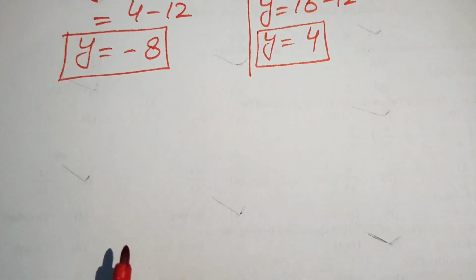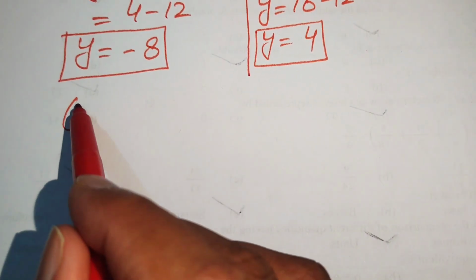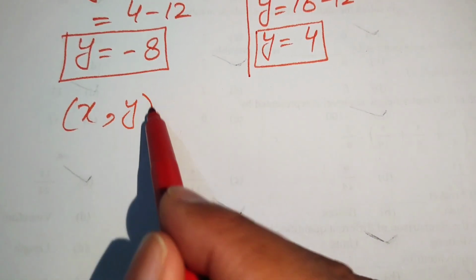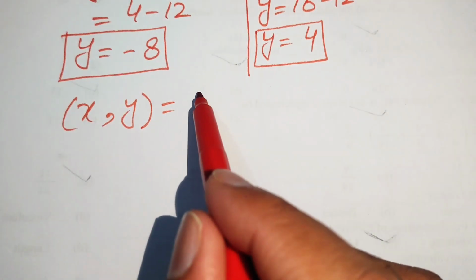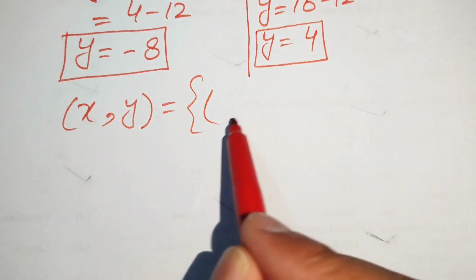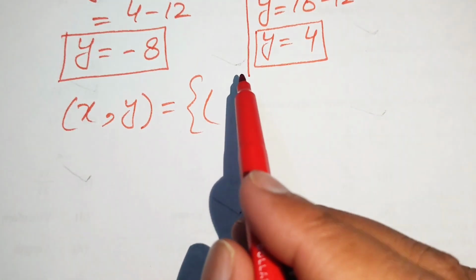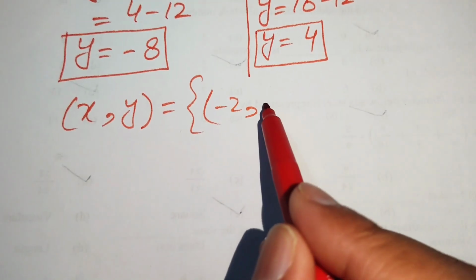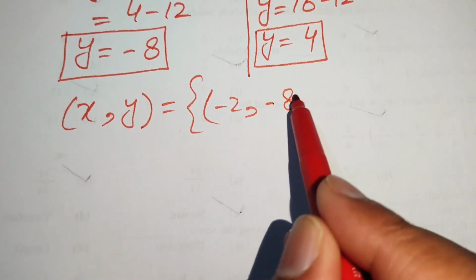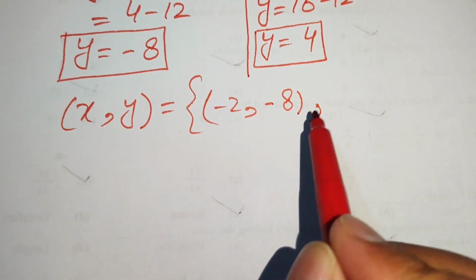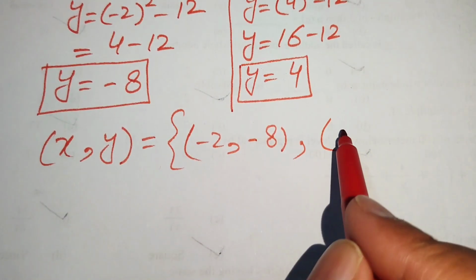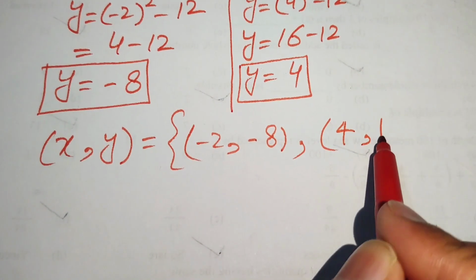So finally we have the two solutions of the given equation. The first solution is x and y equal to -2 and -8, and the second solution is x is 4 and y is 4.